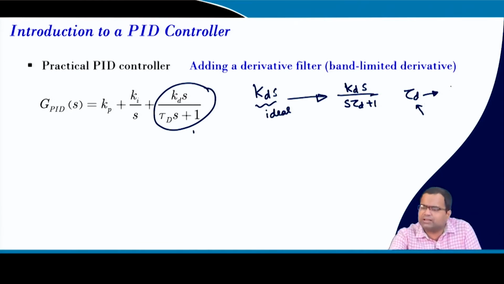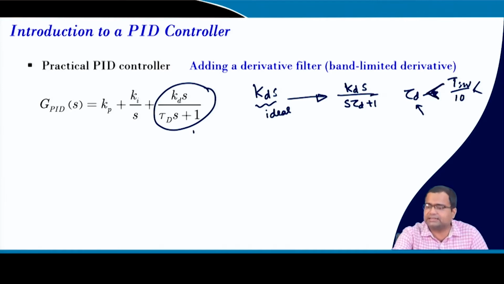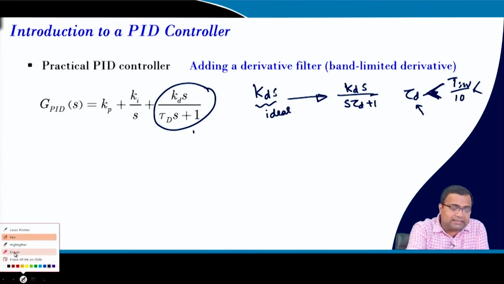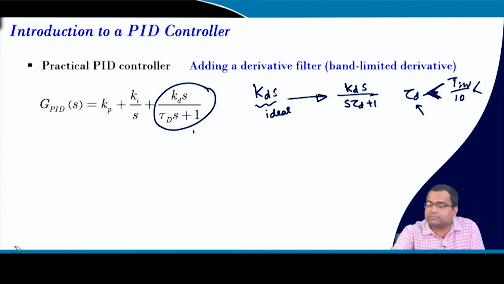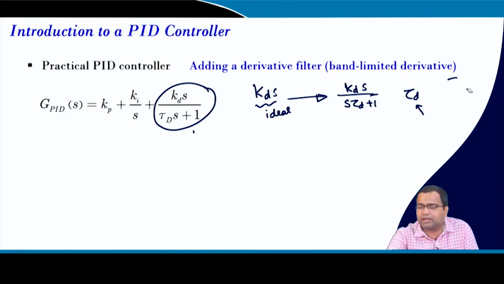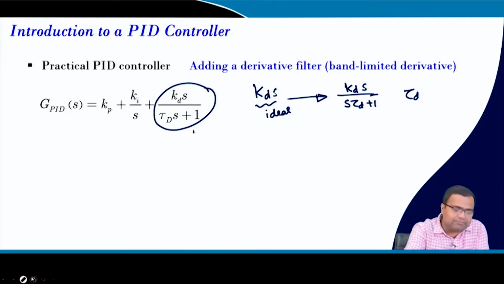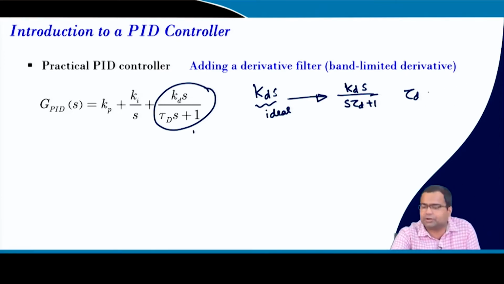Generally tau d is taken like TSW by 10 or TSW by 20, something like that. It is again the designer's choice whether it is possible to implement it or not. So, we need to be careful about the choice of tau d. It should be much smaller than TSW.